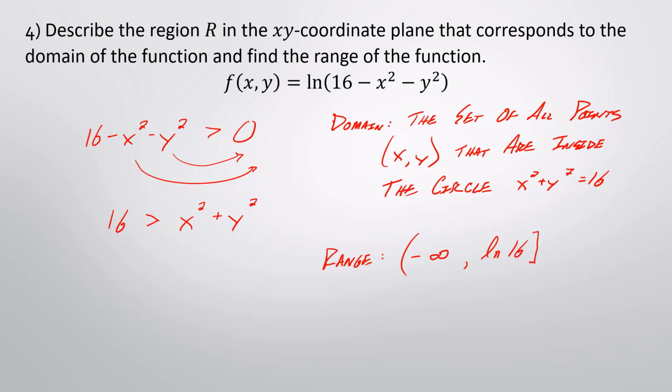So I'm just going to include the fact that the natural log of 16 would technically be the largest thing I could get back for this one. Because if I plugged in 0 for x and y, I would get 16 on the inside, and the natural log of 16 still would be a part of this graph. So hence the bracket instead of the parenthesis.